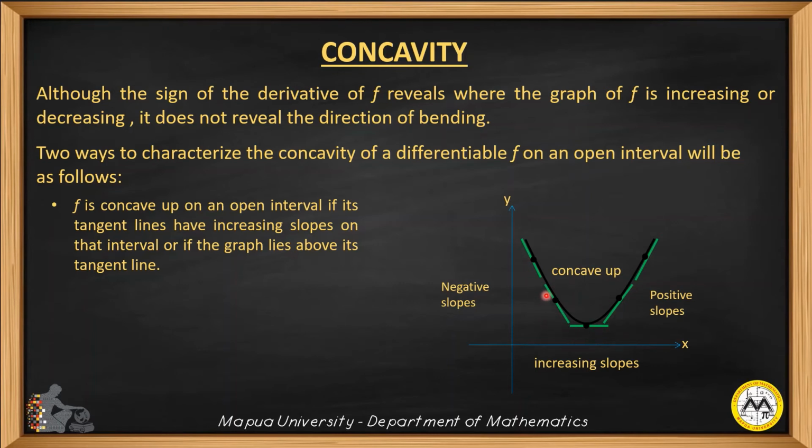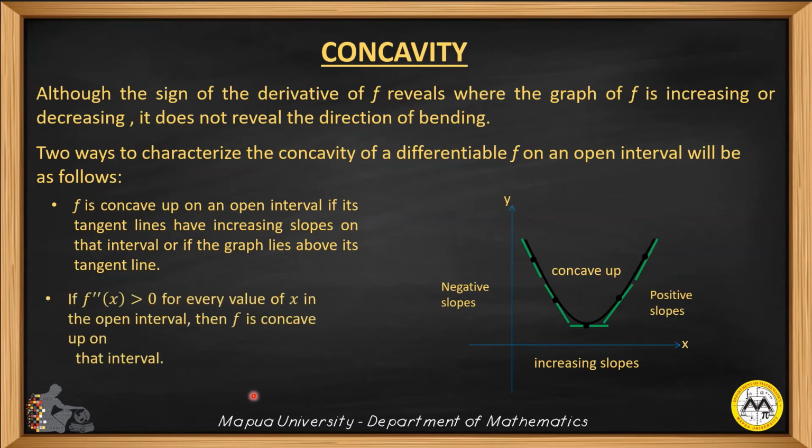On this side of the graph, the slopes are negative. Here it is 0, and over here with positive slopes. So we illustrate in this particular figure increasing slopes of the tangent going from left to right of the curve. The graph is said to be concave up, or the direction of bending is upward.